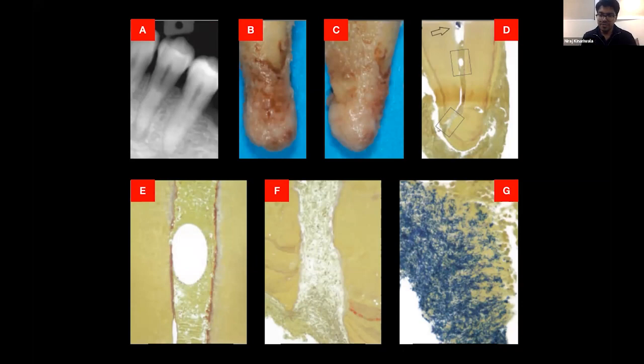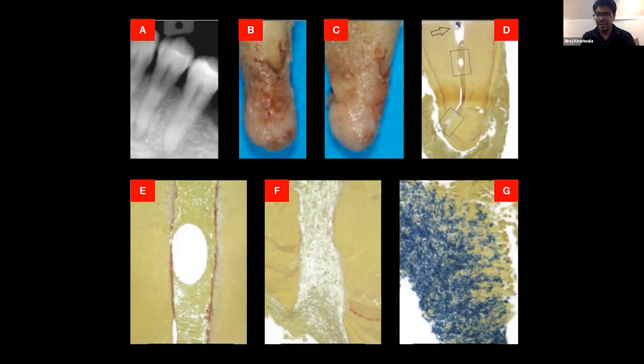If we want to save this type of tooth, if we want to do an efficient root canal for this type of case, it is very important to do good root canal disinfection. It is important to do proper irrigation, and I can always say it cannot be just manual irrigation. It has to be dynamic agitation. You can use ultrasonics, you can use lasers, you can use manual dynamic agitation techniques.